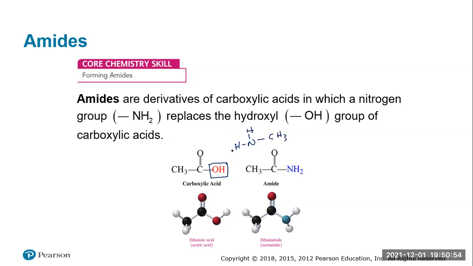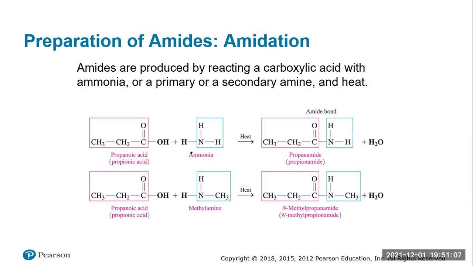And we're going to take out these two guys and stick it together there to make our amide bond, which is obviously our nitrogen and our hydrogen. Here's the idea: carboxylic acid and ammonia, again making our amide, OH and an H. Going to put it together.